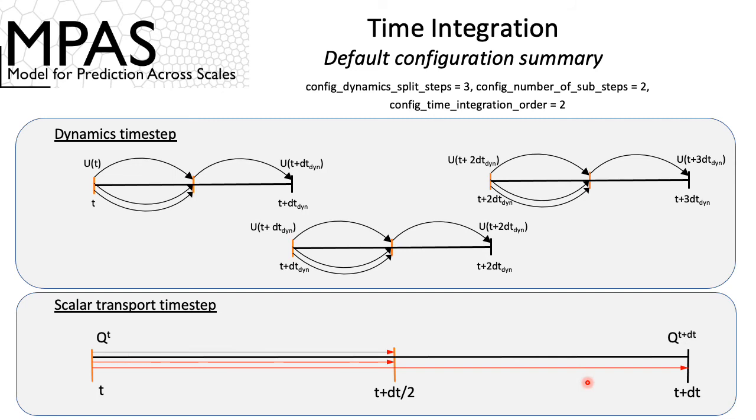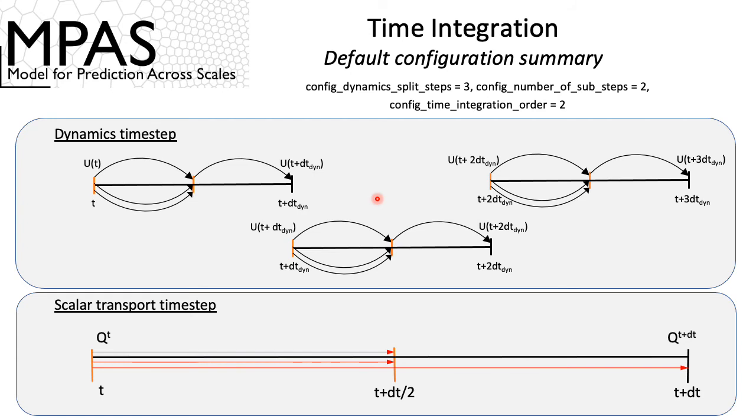And if you change those default values, what you're going to be doing is changing the time steps. If you just change DT, of course, everything just gets scaled by DT, and it looks exactly like this. This is for any generic DT. But if you change the number of acoustic steps, there'll be a different number in here. If you change the number of dynamic split steps, there might be 2 or there might be 4, or you can make those changes if you have reason to believe that the stability is problematic, or perhaps you want to take larger time steps in some subcomponent of the time integration.